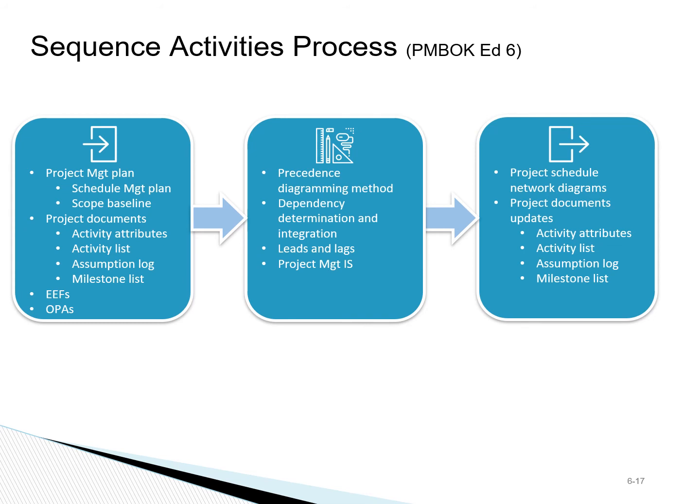To sequence activities, we use a precedence diagramming method to show the dependency of tasks, as well as the leads and lags that may be associated with various activities. We use scheduling software like Microsoft Project to prepare the project schedule and network diagram.